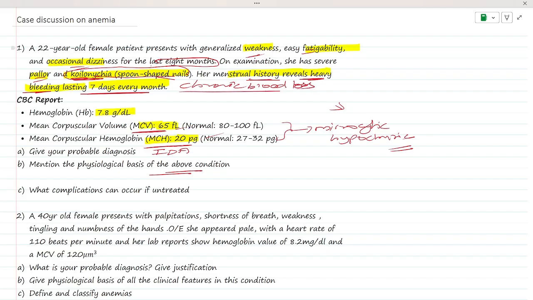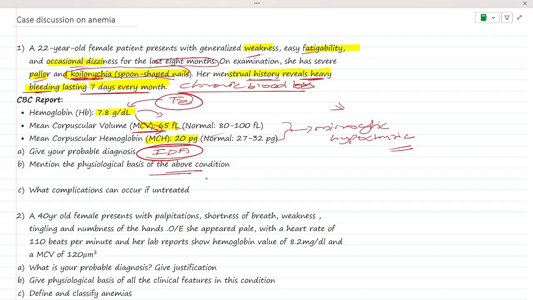In this heavy blood loss, iron is also lost from the body. When iron is lost, hemoglobin synthesis becomes defective, and MCV and MCH decrease, leading to iron deficiency anemia. So this is the physiological basis.